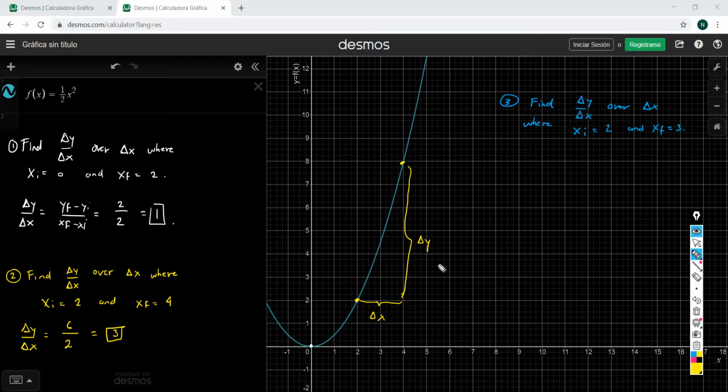Okay, and let me stop right here and let's analyze these two numbers. What do they mean? So what this means is the following, guys.